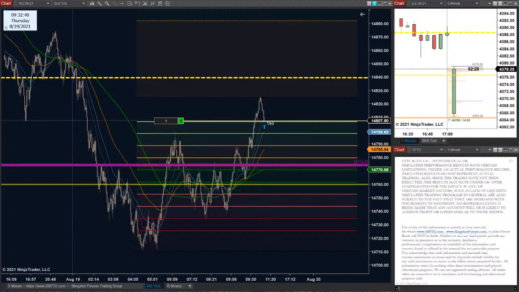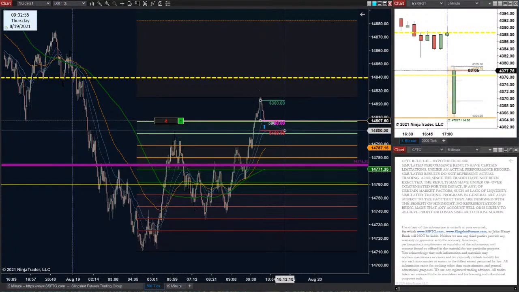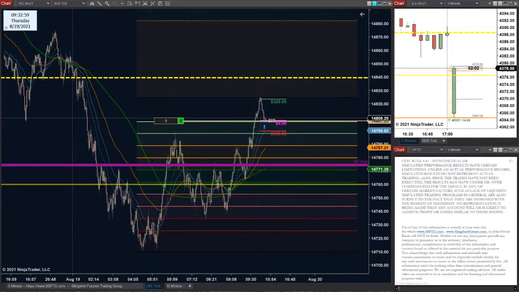Watching this as a zone of interest on the NASDAQ for bulls to pick up into. Bulls are trying to get the rotation back up, but so far having a little bit of trouble.